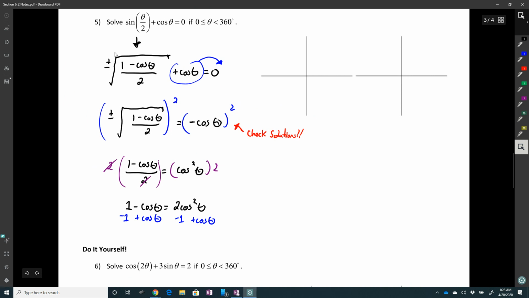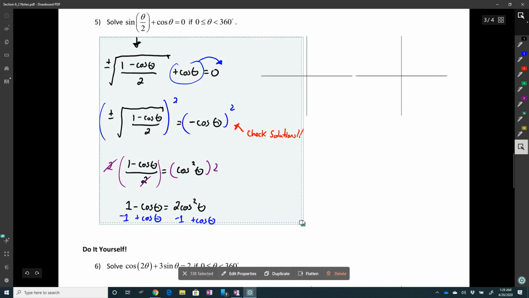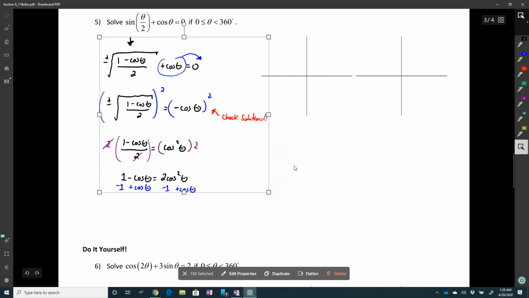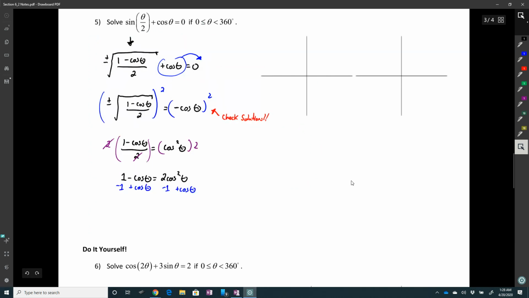Okay, so if I do that, I get 0 is equal to 2 cosine squared theta plus cosine theta minus 1. And that is happily factorable.